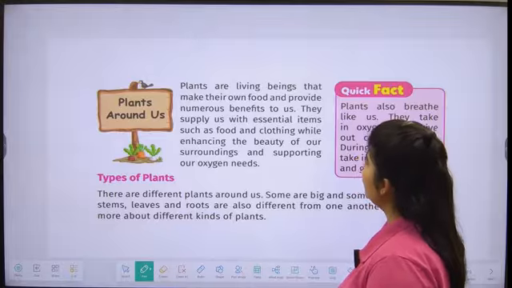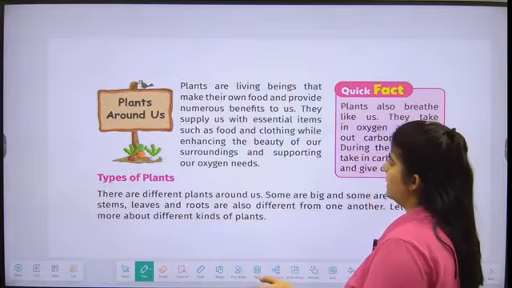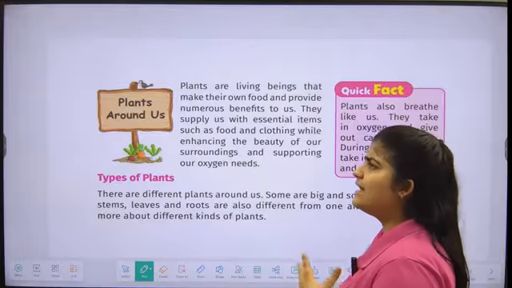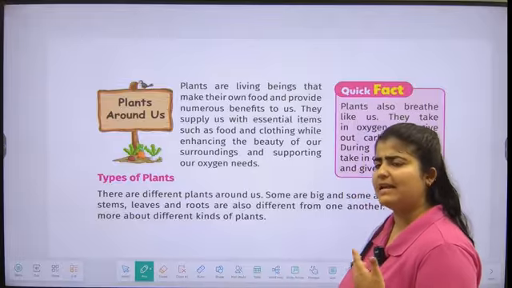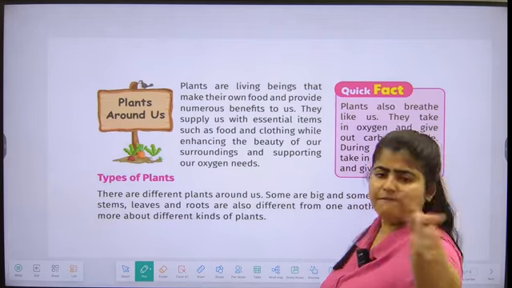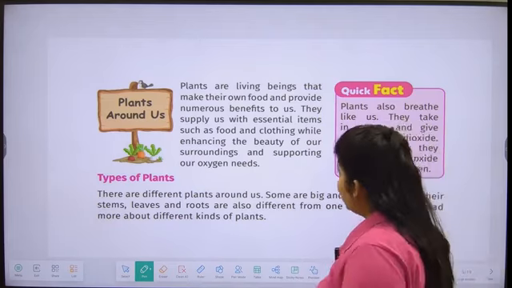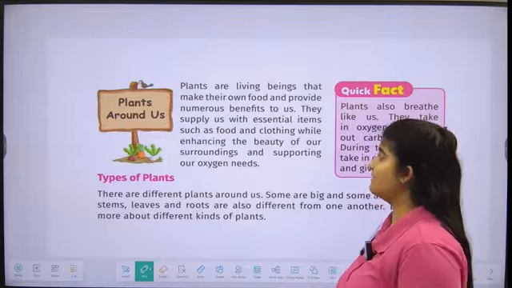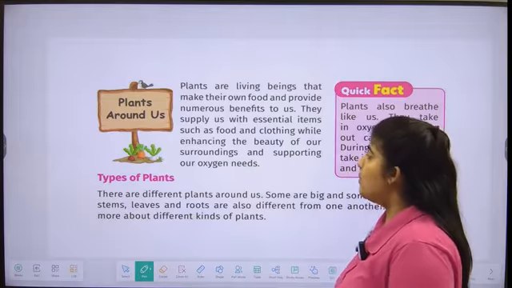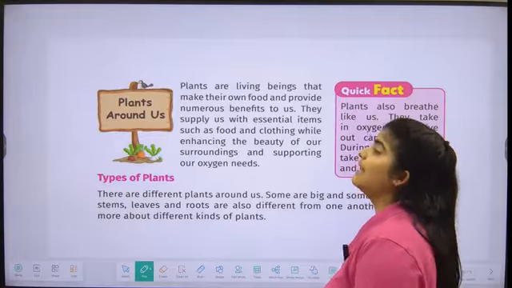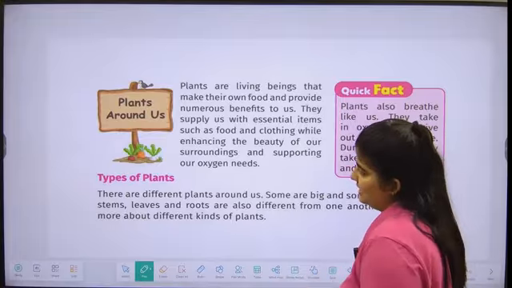Plants are living beings that make their own food and provide numerous benefits to us. They are living beings that are capable of making their own food, like we are. They supply us with essential items such as food and clothing while enhancing the beauty of our surroundings and supporting our oxygen needs.